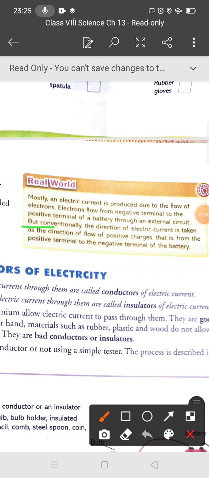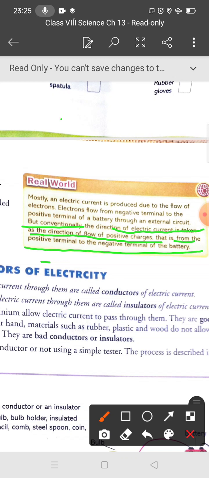But conventionally, the direction of the electric current is taken as the direction of the flow of the positive charge. The electron flows from the negative charge to the positive charge, but the electric current flows from positive to negative, that is, from the positive terminal to the negative terminal of the battery.